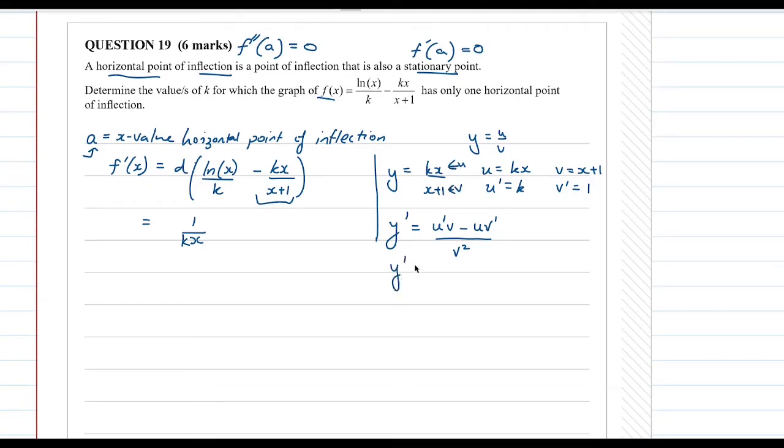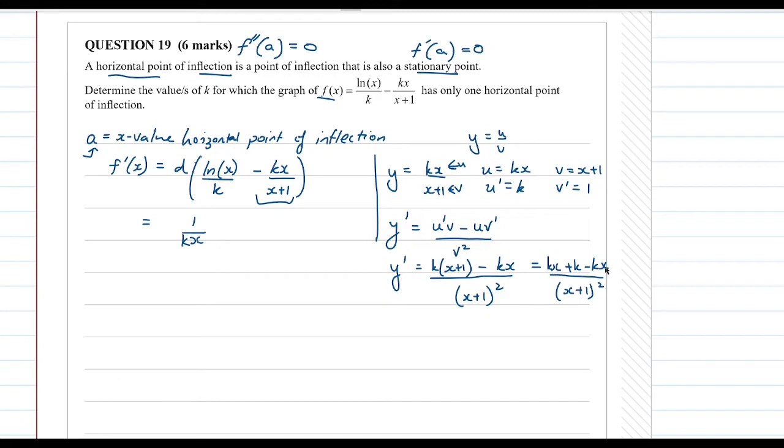So the derivative is going to be u dash, which is k, times v, which is x plus 1, minus u v dash, so u is kx, times v dash, which is just 1, all over v squared, x plus 1 squared. Let's simplify this. This will become kx plus k minus kx all over x plus 1 squared.